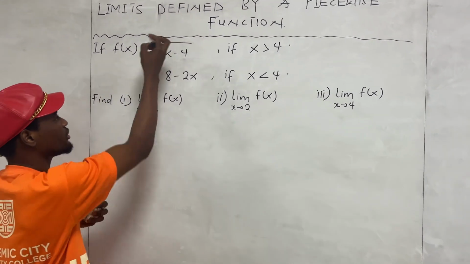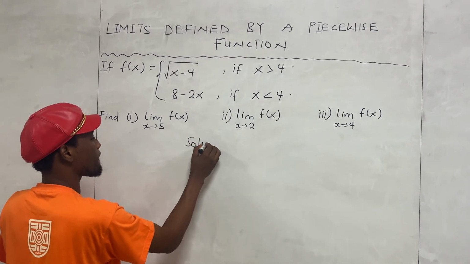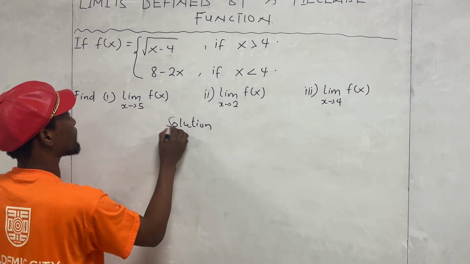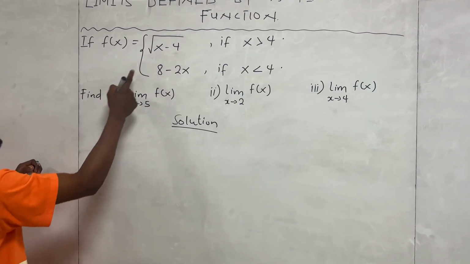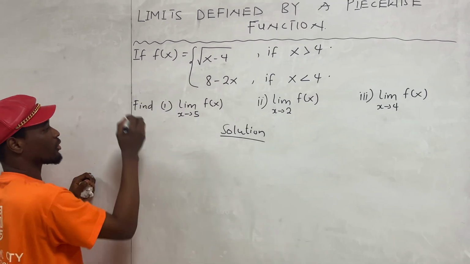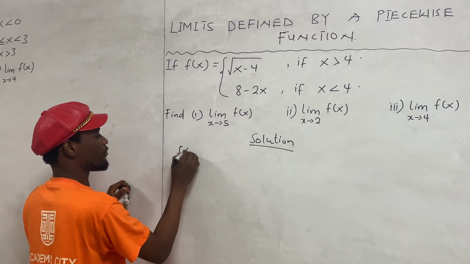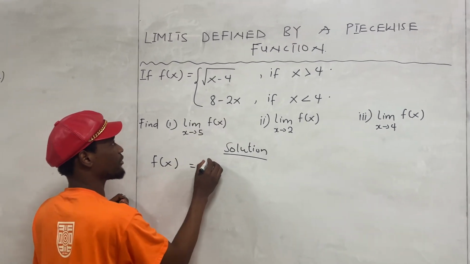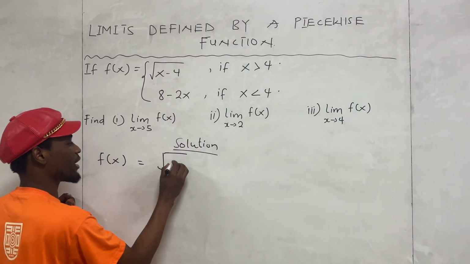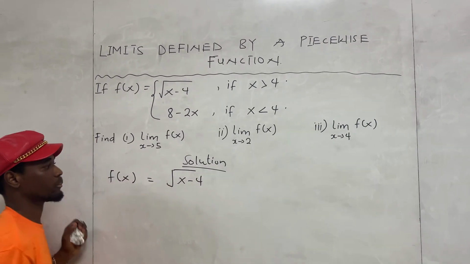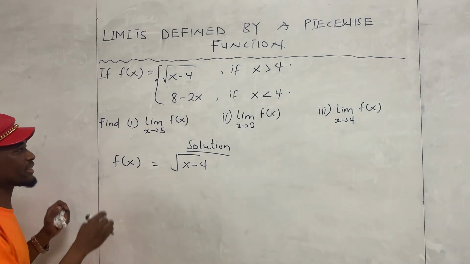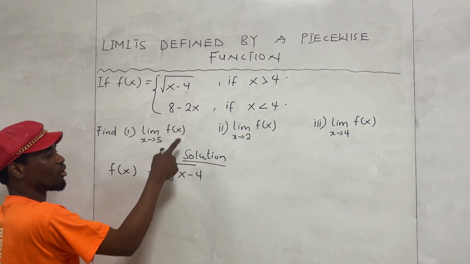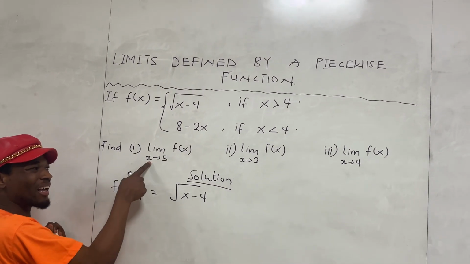So, solution: we are going to take this. f of x is equal to one half square root of x minus 4. We are saying evaluate the limit of this function as x approaches 5.